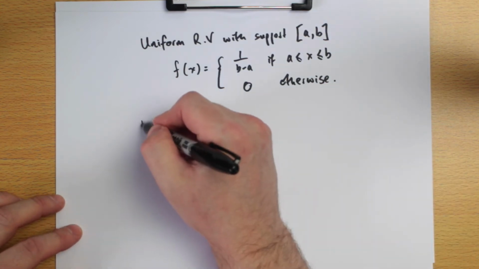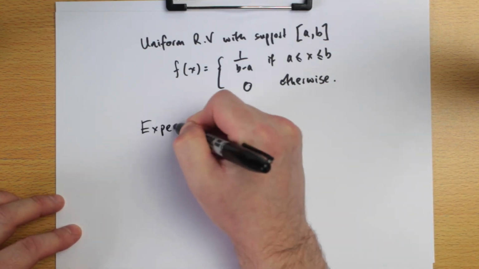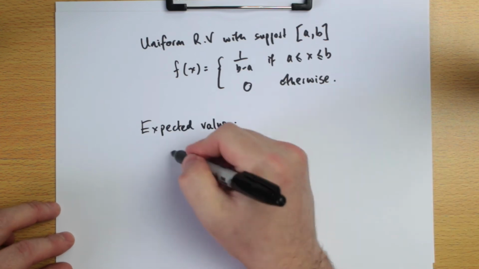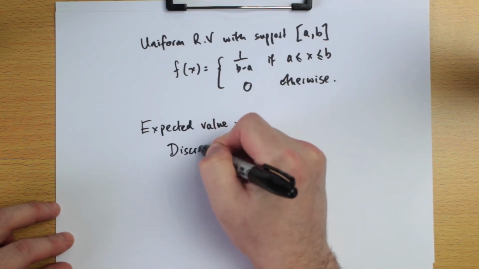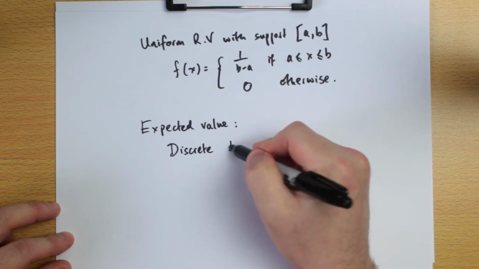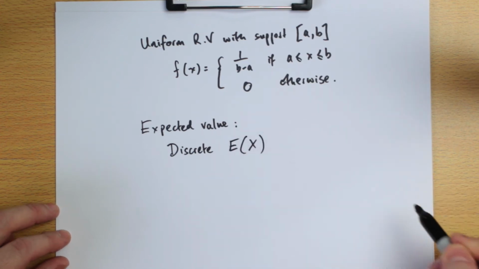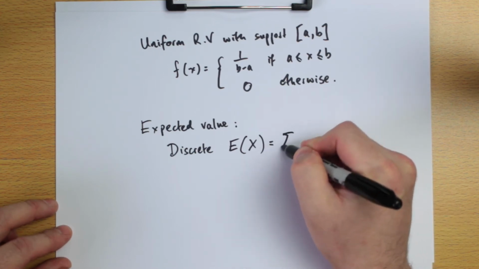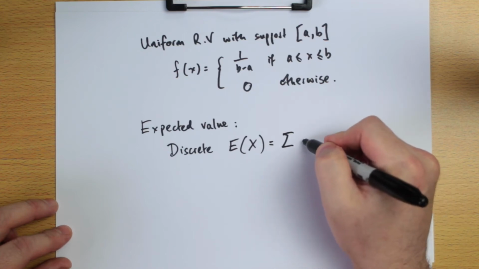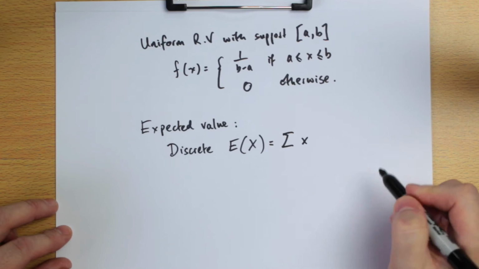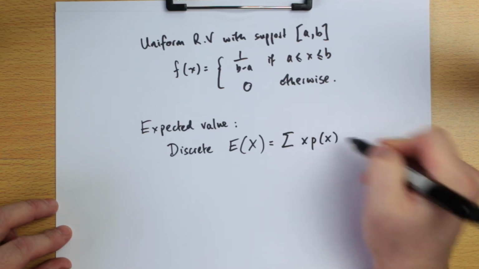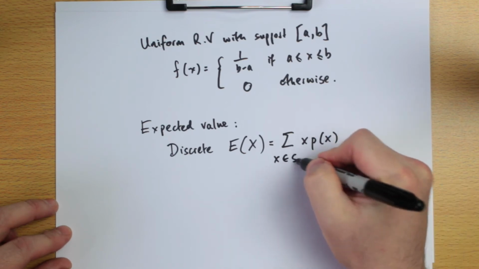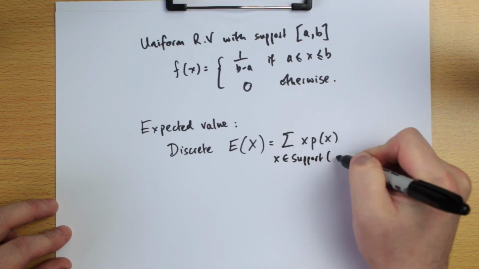So now when we calculate expected values, if we think about the discrete case, how do you do this? It's basically a weighted average, right? So in the discrete case, the expected value of a random variable x would be this: I would multiply each possible value x by its probability, p of x, and then add up for all the x that belong to the support of x.